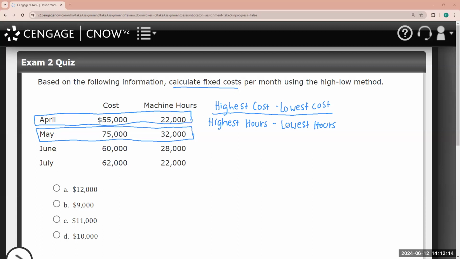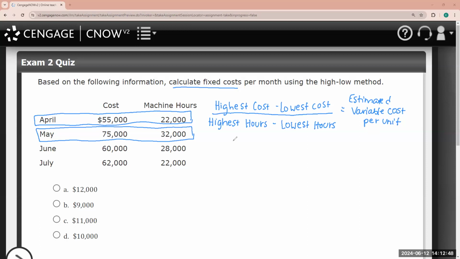Our highest cost minus our lowest cost divided by our highest hours minus our lowest hours gives us our estimated variable cost per unit. And from there, we can determine our total variable cost as well as our total fixed cost.